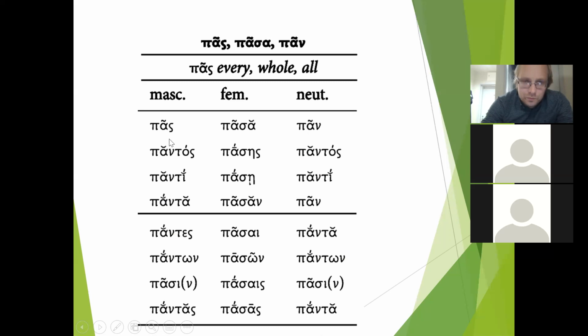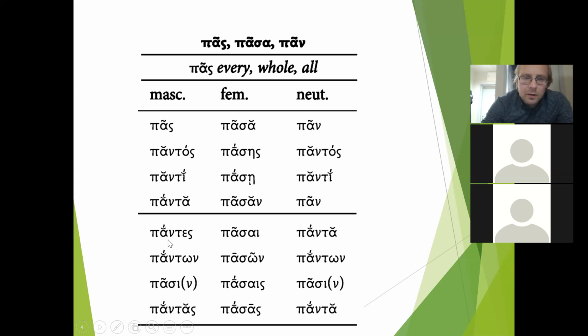And then the vocative forms are, again, identical with the nominative forms here in all these forms. And then in the feminine, we have pasa, pases, pase, and pasan. And in the neuter, we have pan, pantos, panti, and pan.